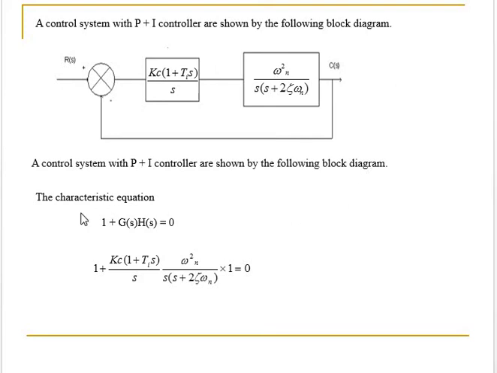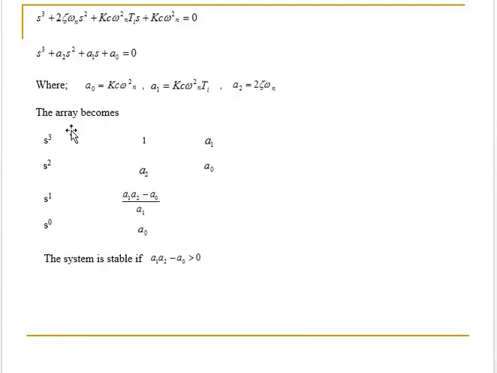It is the characteristic equation. The characteristic equation is 1 plus G(s) times the feedback transfer function H(s). In this case, the system is unity feedback. Then we substitute all the values, we get this, and then we can make it simple, and then there is the characteristic equation.